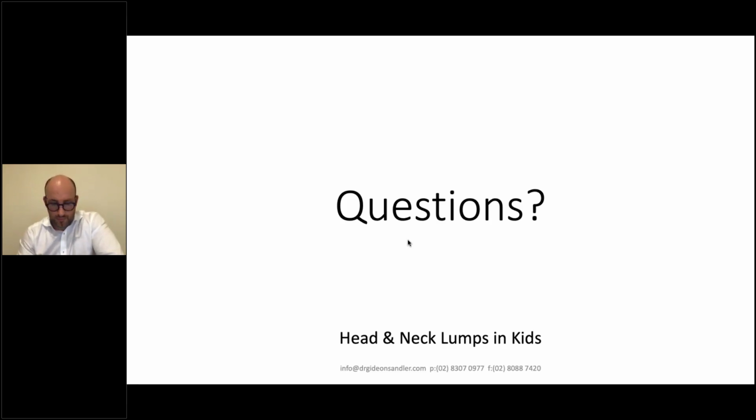Okay, the next question is, would radiotherapy help in a desmoid tumor? That's a controversial area. We don't really know is the answer. A third of desmoid tumors will improve on their own, a third of them will stay stable, and a third of them will get worse.